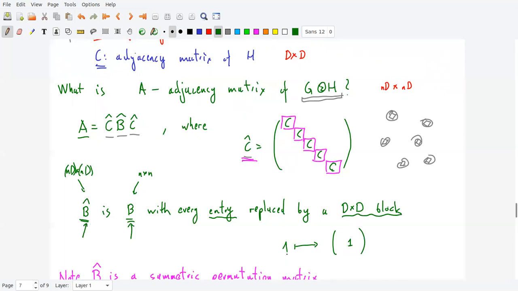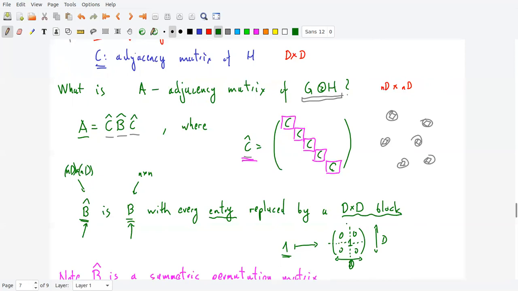So for instance, if I have a 1 in the matrix B, then this 1 is being replaced with a block of dimension D times D, where I put all zeros, apart from one 1, which exactly corresponds to the vertex from one cloud versus the vertex from the other cloud, how they are wired together.